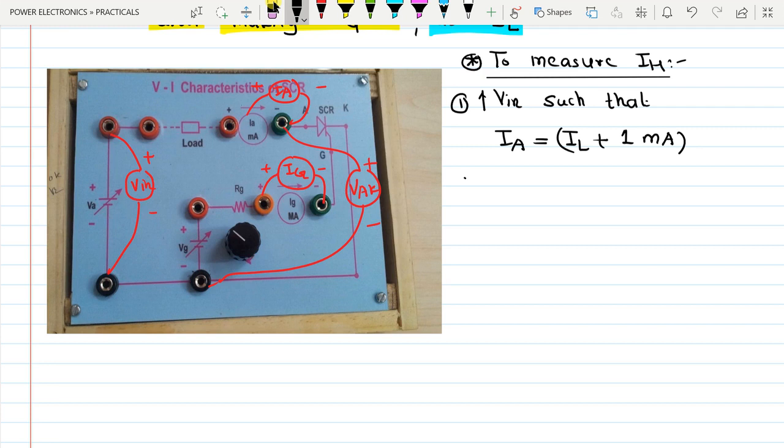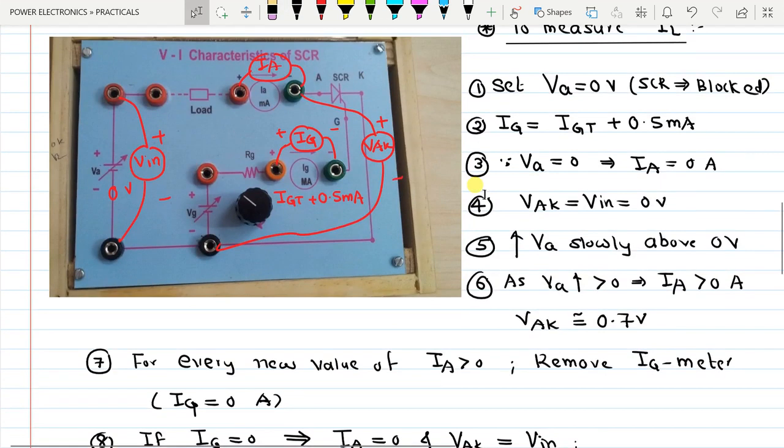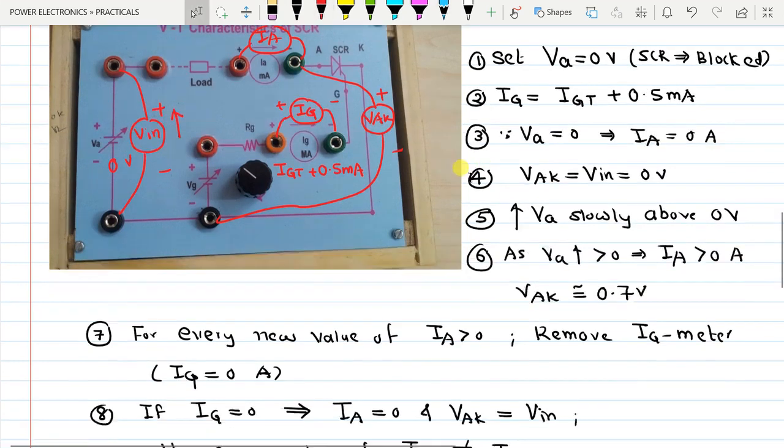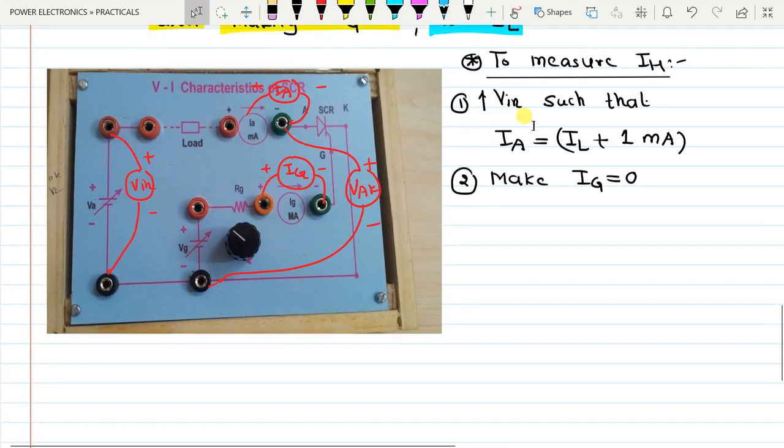Okay. Second most important thing is that you make Ig equal to 0. So here you have to increase the value of V in above 0, a little bit, such that the value of IA becomes latching current value plus 1 milliampere.